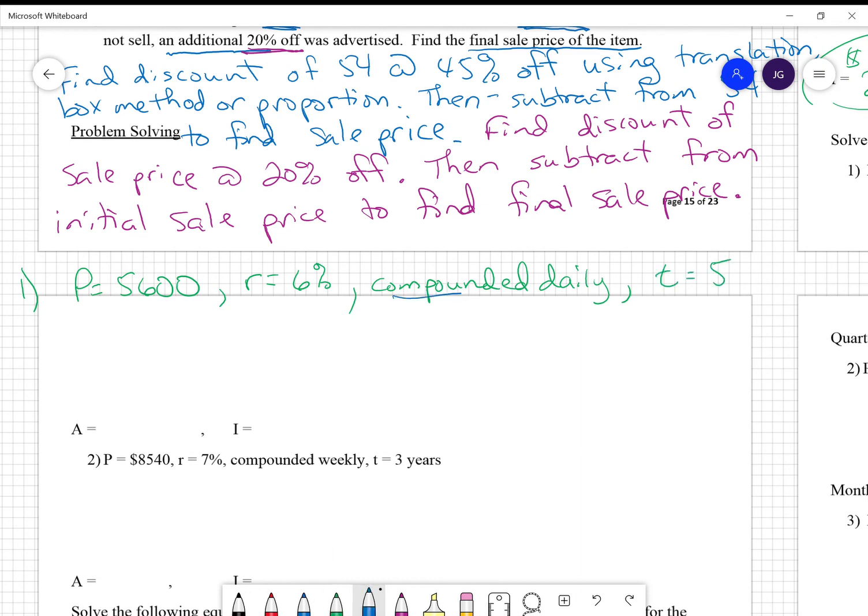Okay, so it's compounded. So A equals P times 1 plus R over N to the NT.